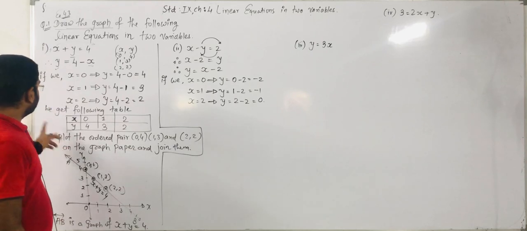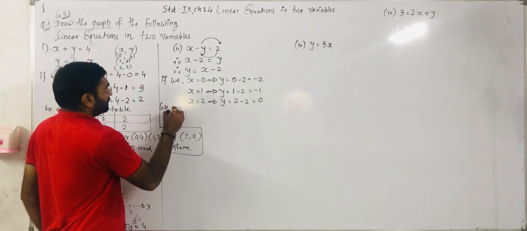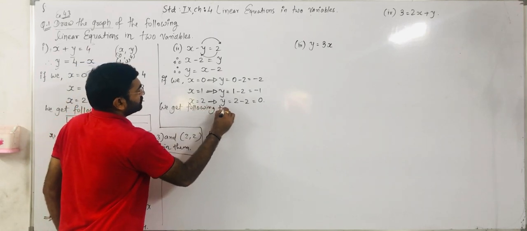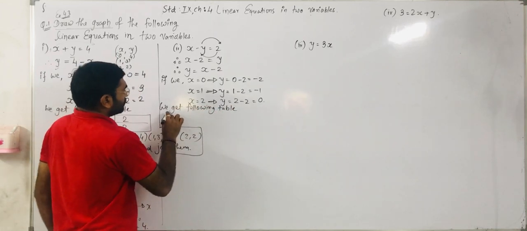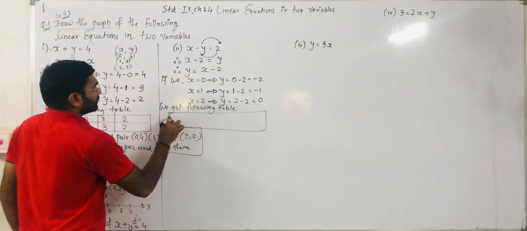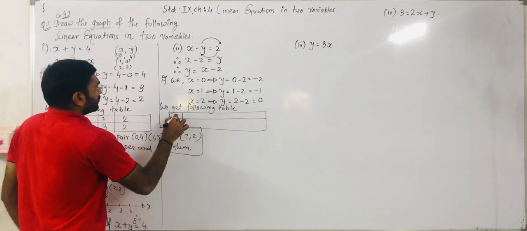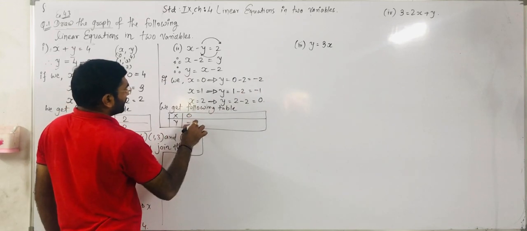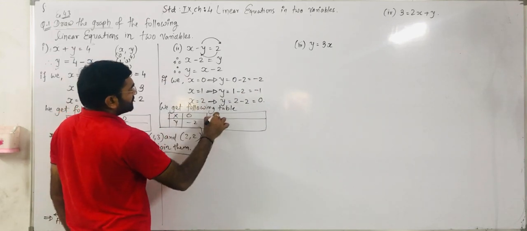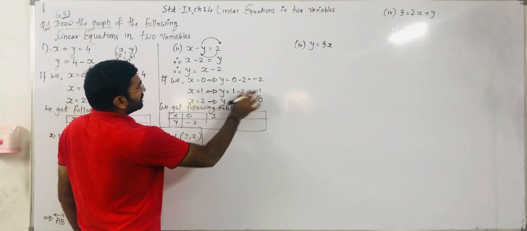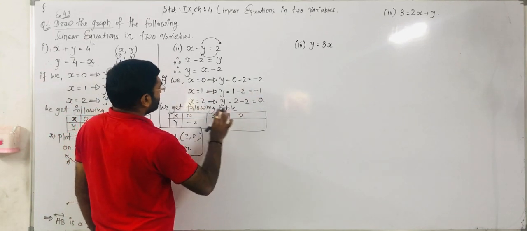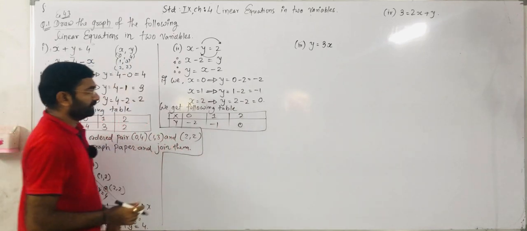So which table do we get? We get the following table, where we have to make an x, y table. Whenever we take x value as 0, the y value we get is minus 2. Whenever I take x value as 1, the y value I get is minus 1. Whenever I take x value as 2, the y value I get is 0.